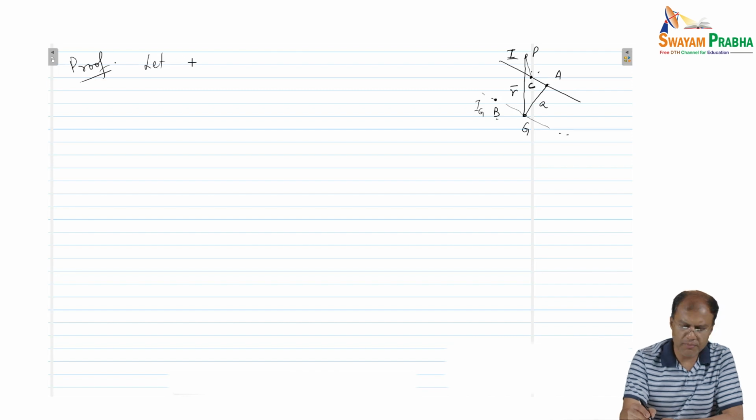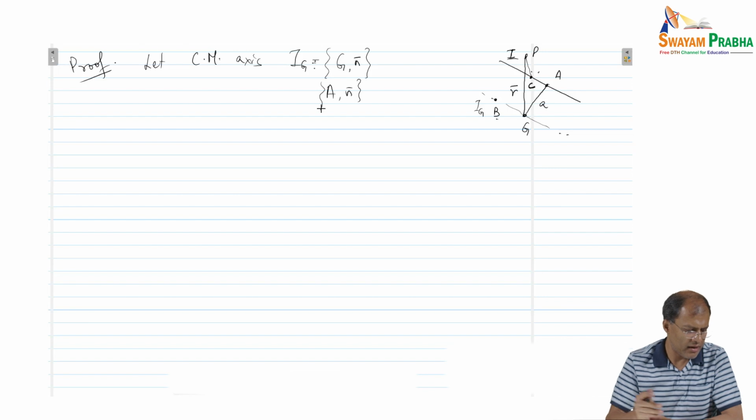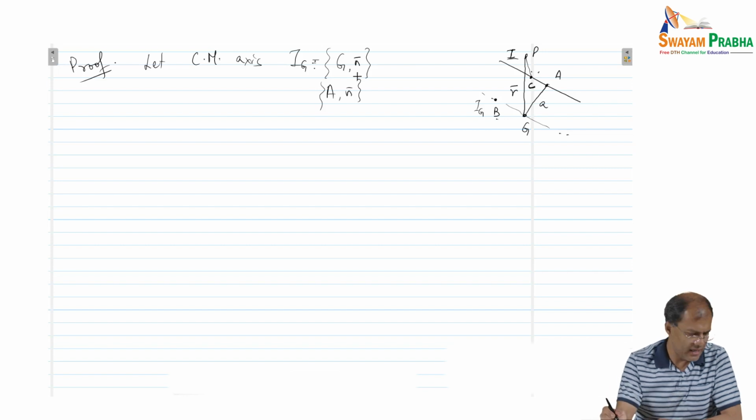Okay, so let my center of mass axis Ig be G comma N, and then let us say that A comma N is on the parallel axis.